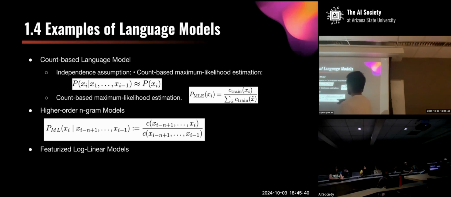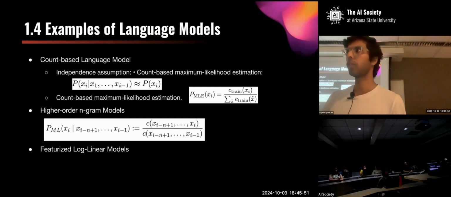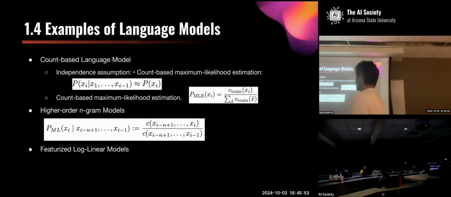Here, it just takes the last n words. Why is this so? Because n-gram models follow something known as the Markov assumption, which tells us that the future is based on just the recent past history.